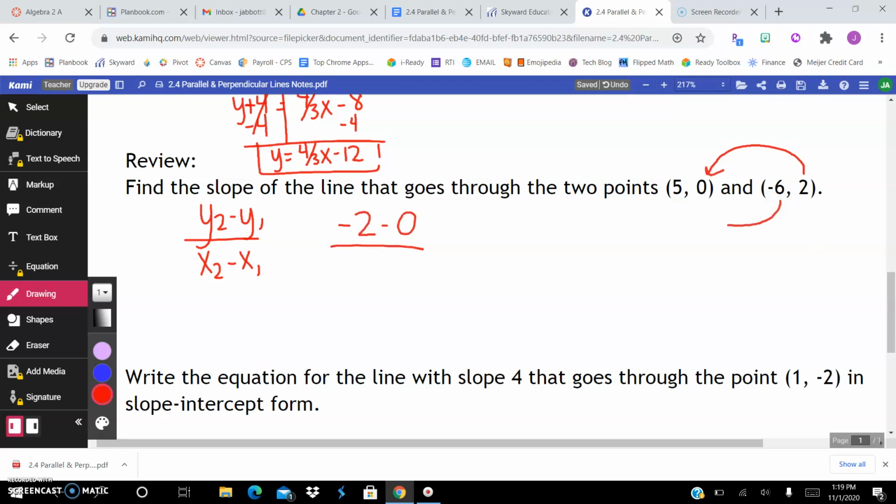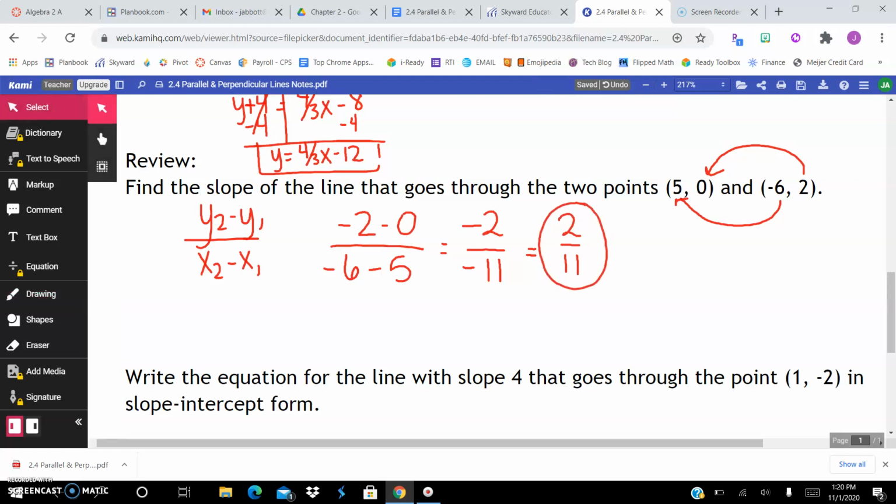And then x from your second minus x from your first would be -6 minus 5. So the top simplifies to -2 and the bottom simplifies to -11. Since they're both negative, they cancel and it would be positive. So the slope of this line would be 2/11.